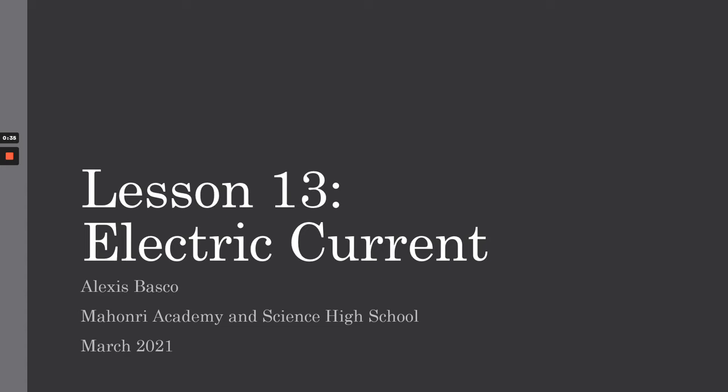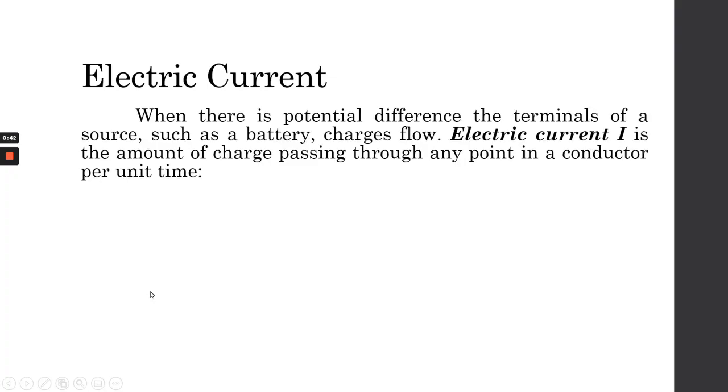Okay, so to start, let's discuss what electric current is. Previously we've discussed that when there is a potential difference between the terminals of a voltage source, as for example in a battery, charges would flow.